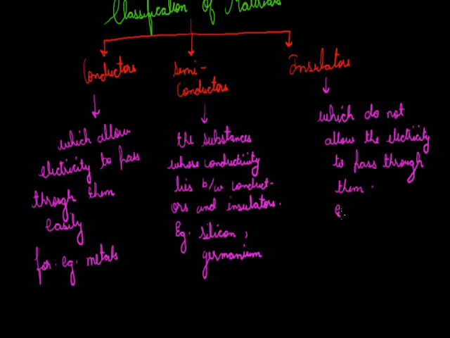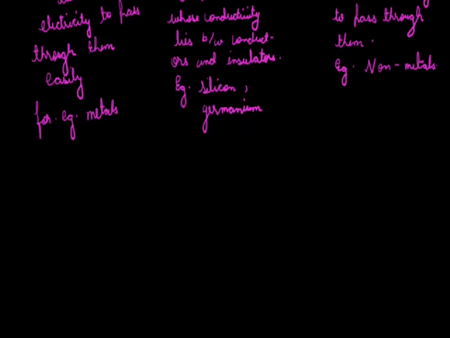In this category, we take the example of all non-metals except graphite. So these are the three categories or classifications of material on the basis of whether they allow the electricity to pass through them or not.